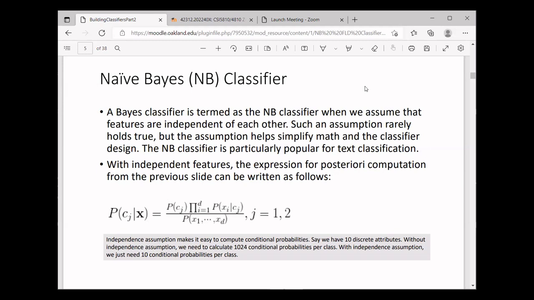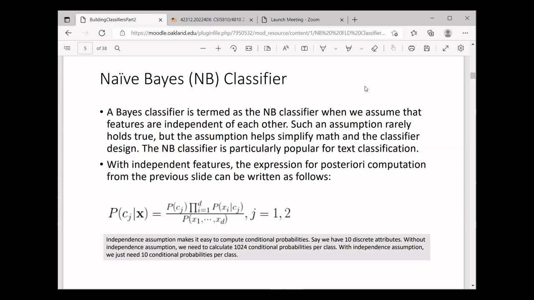So that's the basic reason. And if you look at this formula, you will see that in the numerator on the right hand side, we have the probability of class Cj multiplied with a product, where the pi sign stands for the multiplication operation.